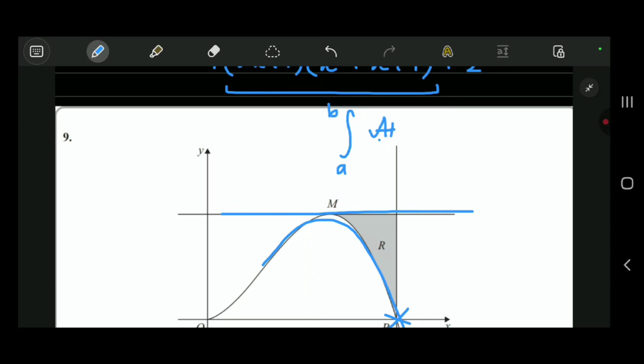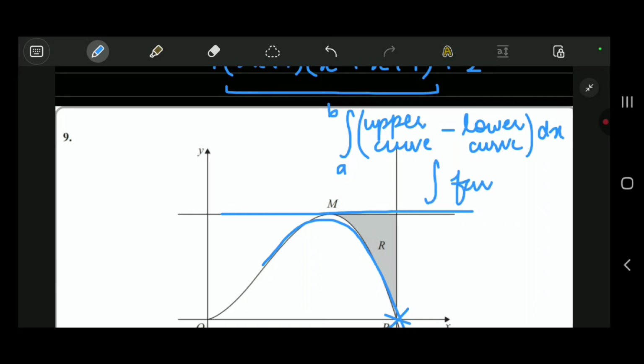The area is the integral of upper curve minus lower curve dx. Or we can use the integral of far minus near.